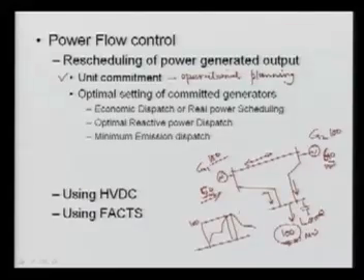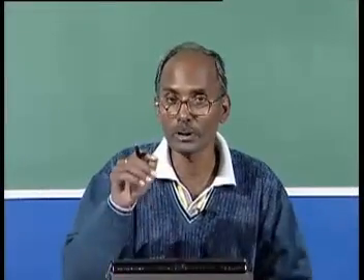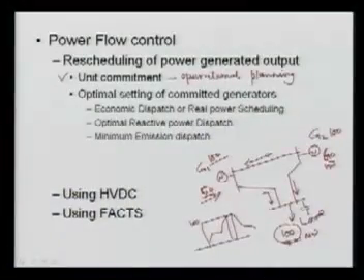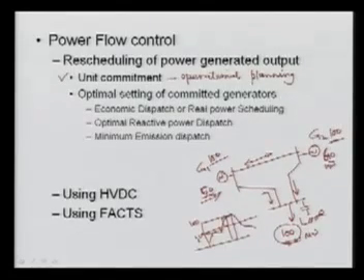Once units are decided, then we can change the loading on them, so that we can follow the load at that time. For example, for this hour it is 50 megawatt. It is possible that only one unit is sufficient during this period, because a 100 megawatt unit is there. So we run one unit, and then when the load exceeds this, we can turn on the expensive one, and then again turn it off.